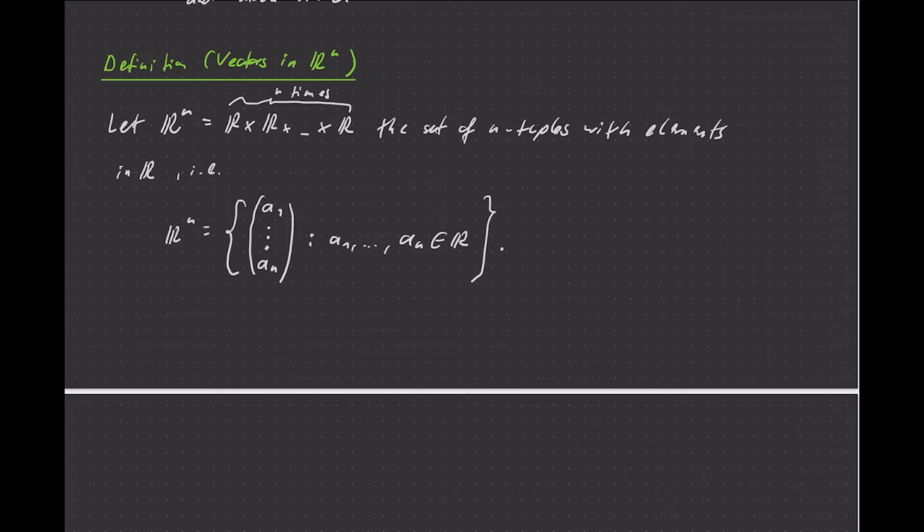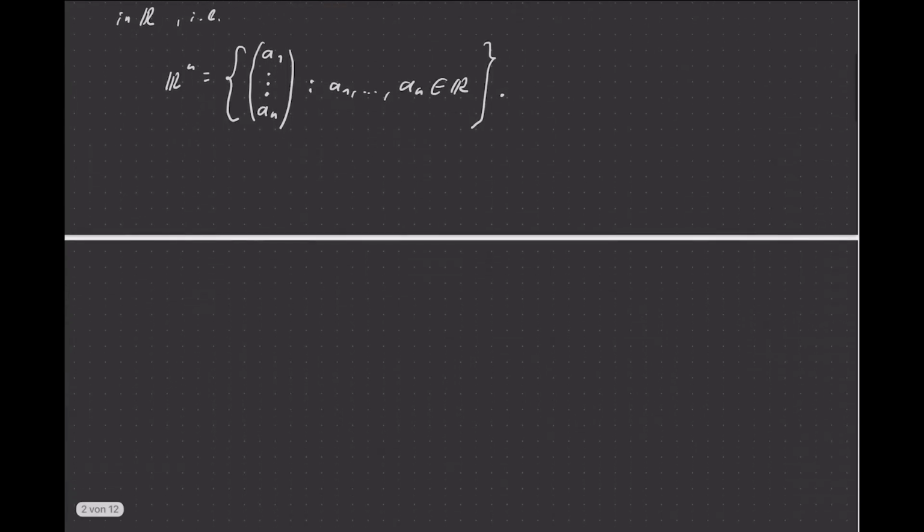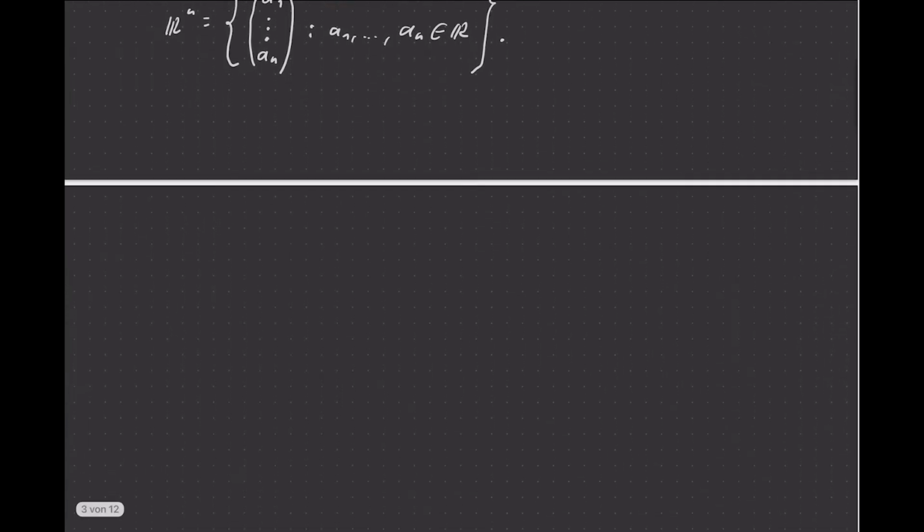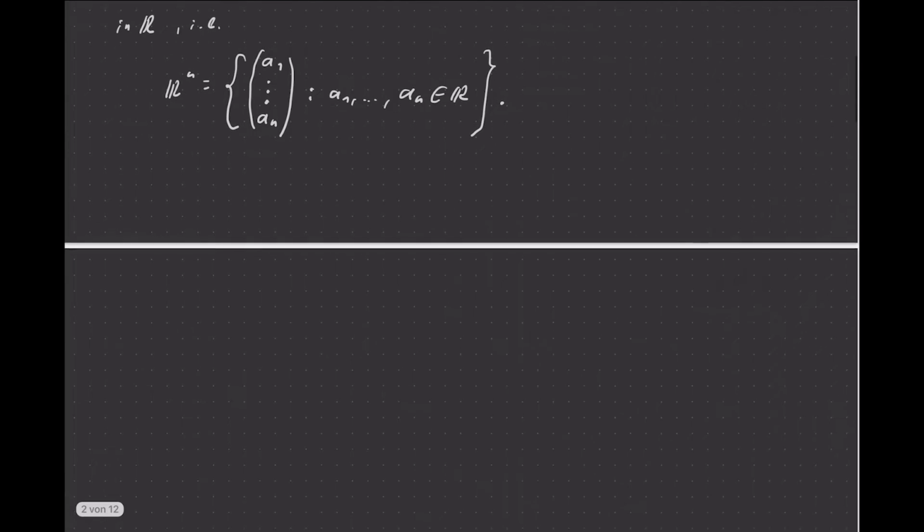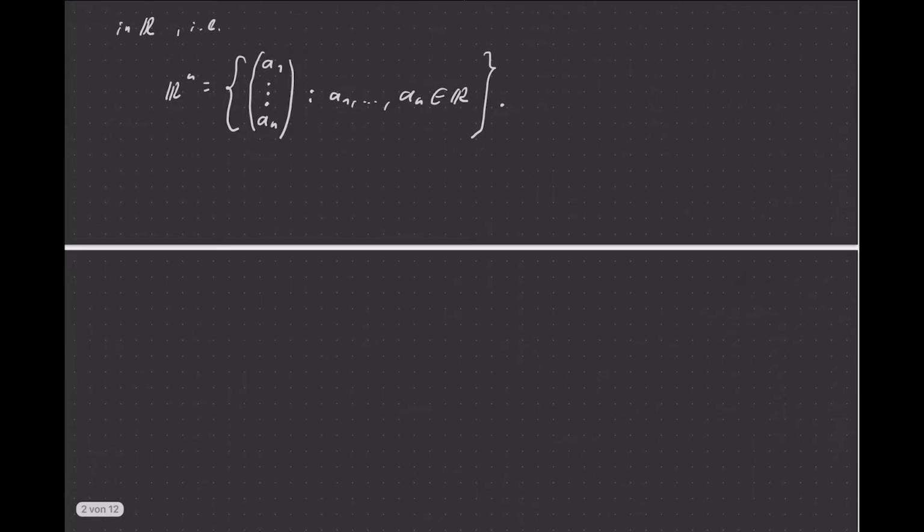So this is R to the n. We'll call the elements of R to the n, so these tuples, vectors or points. And the entries in those vectors will be called coefficients, components, or elements. So let's first formalize that.